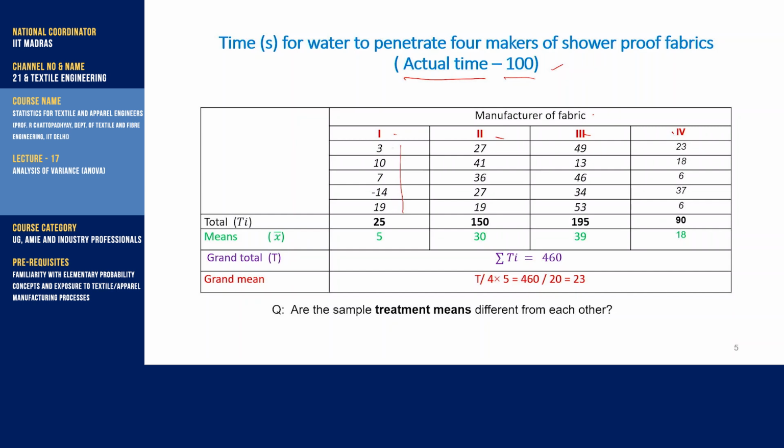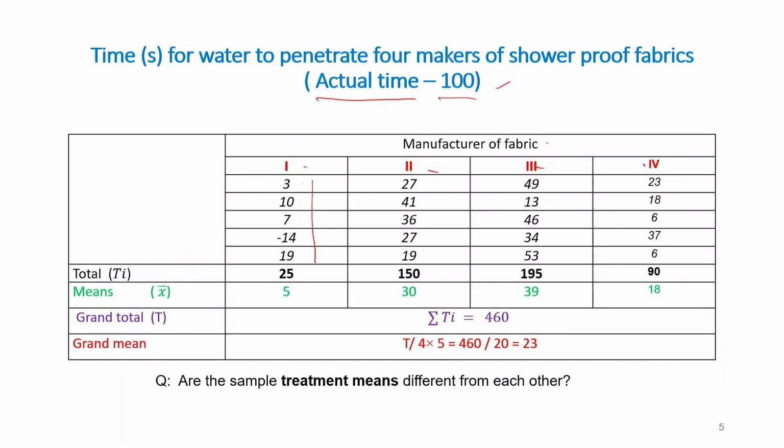Why have we done it? We have done this to ensure that the figures that we get become one or two digits, so as to help in the calculation part.